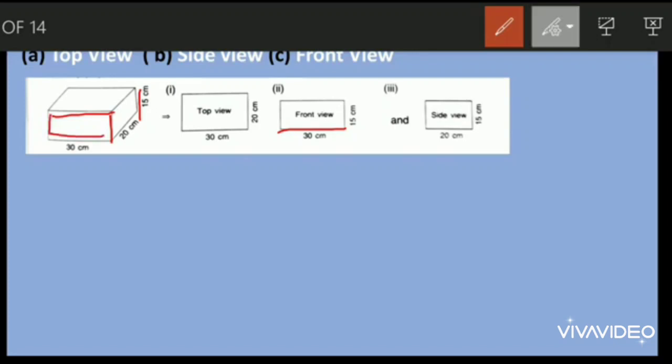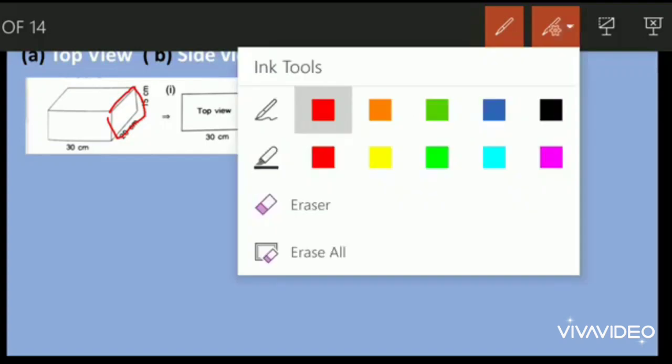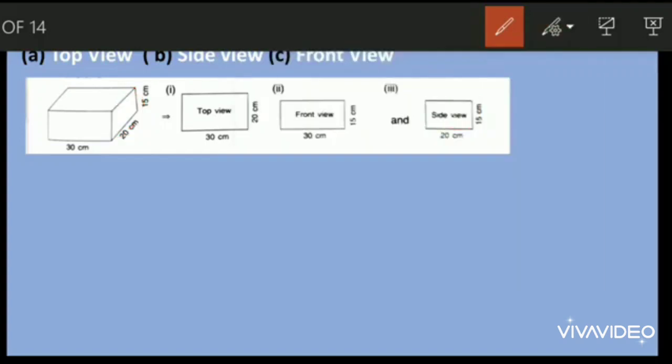Now if you see the side view, it shows the width, that is 20 centimeter, and the height, which is 15 centimeter. So a three-dimensional figure has the top view, the front view and the side view.